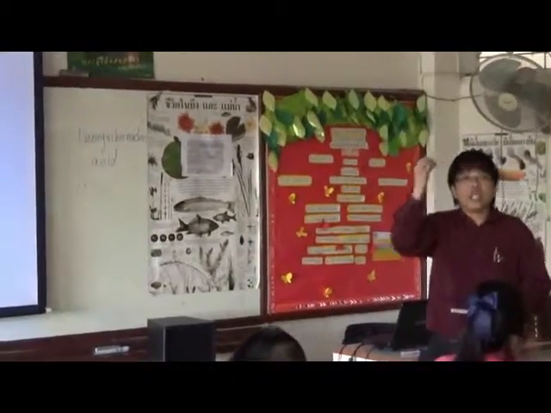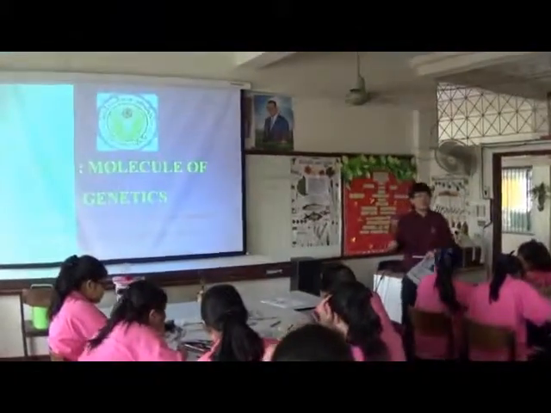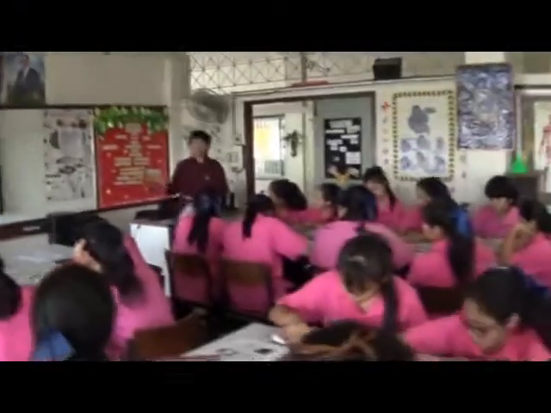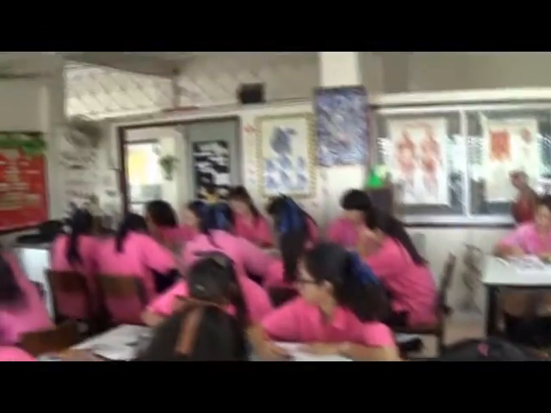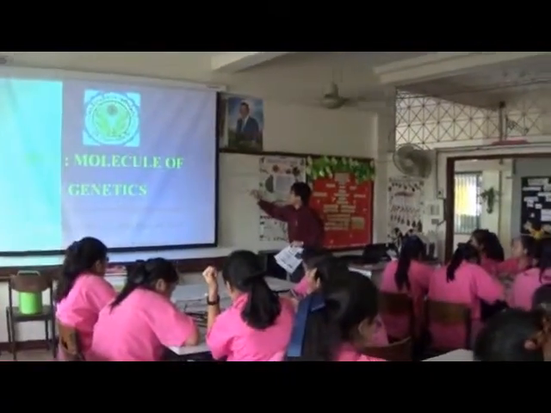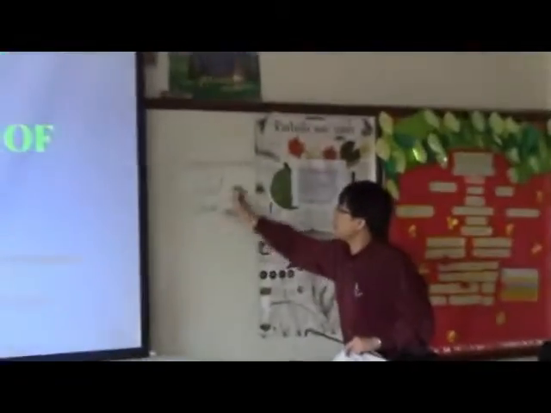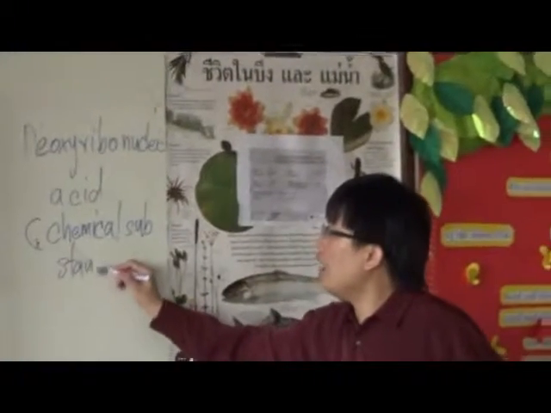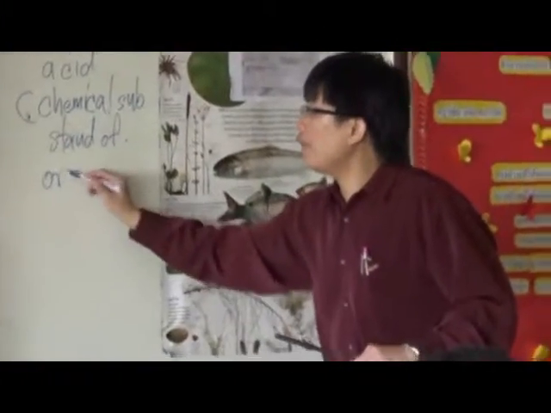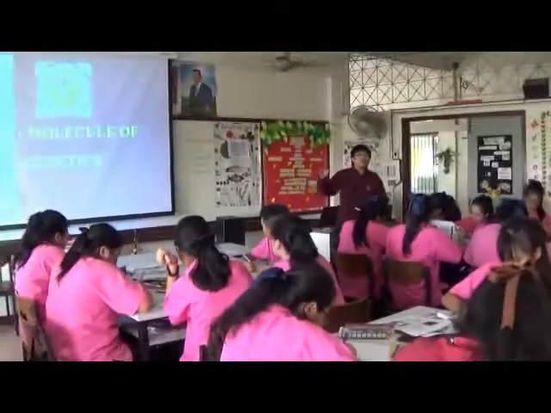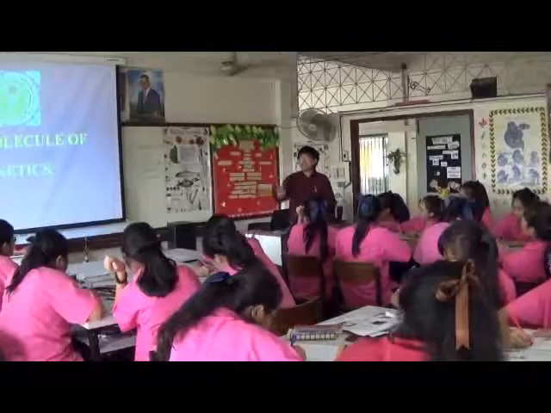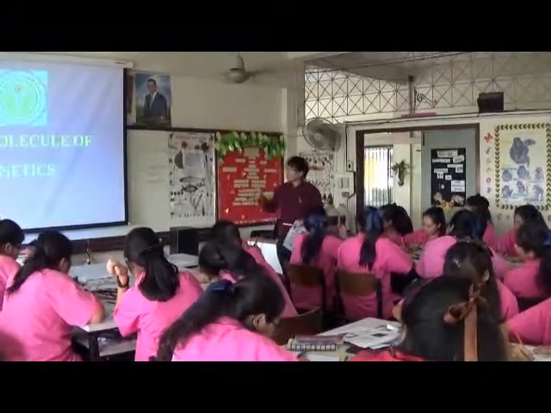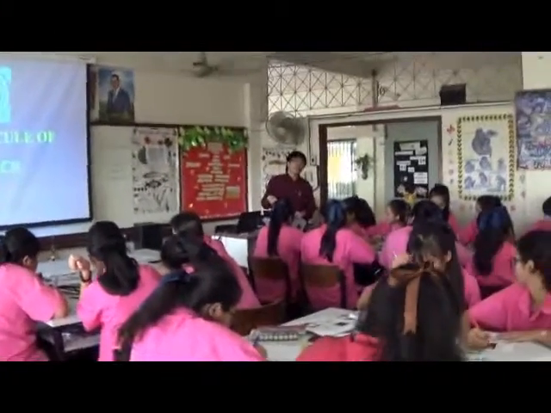The deoxyribonucleic acid is the chemical substance of organism. Okay? The chemical substance of organism.